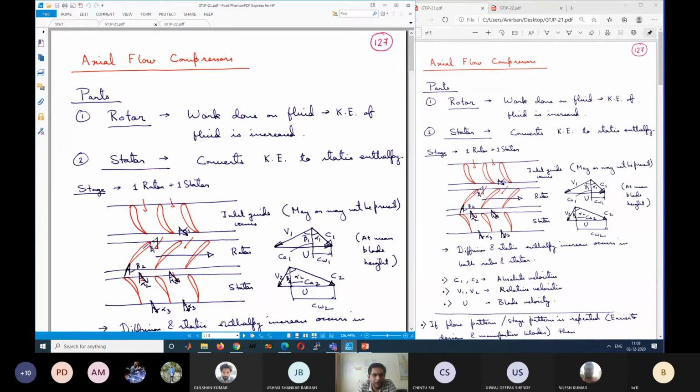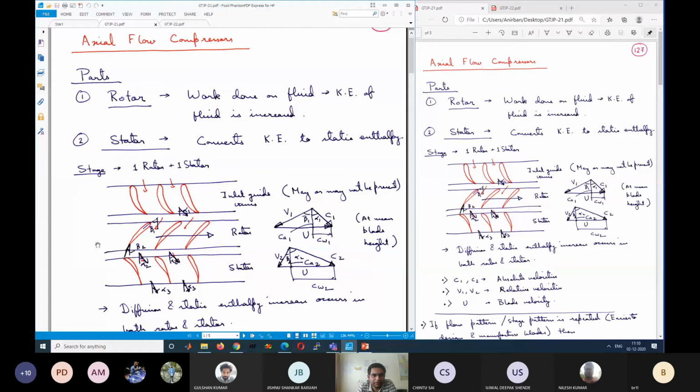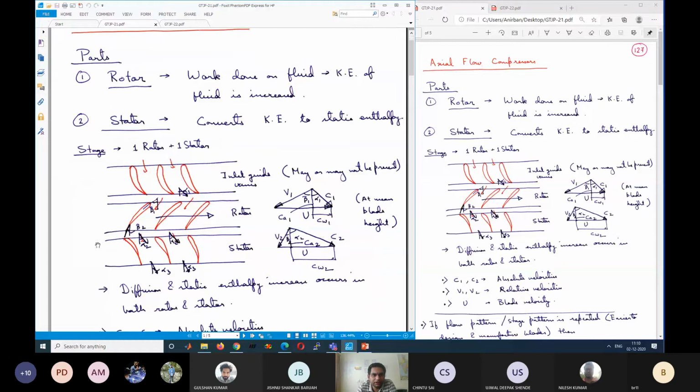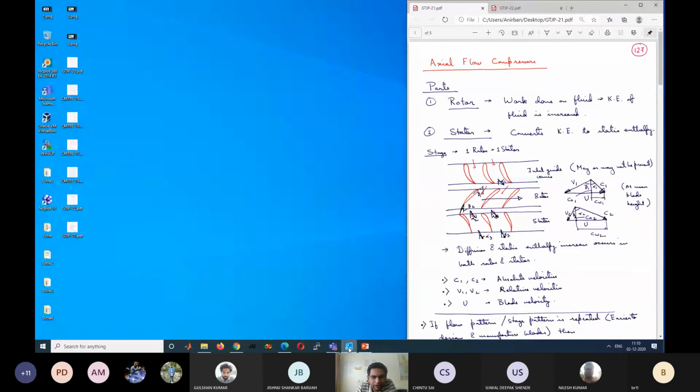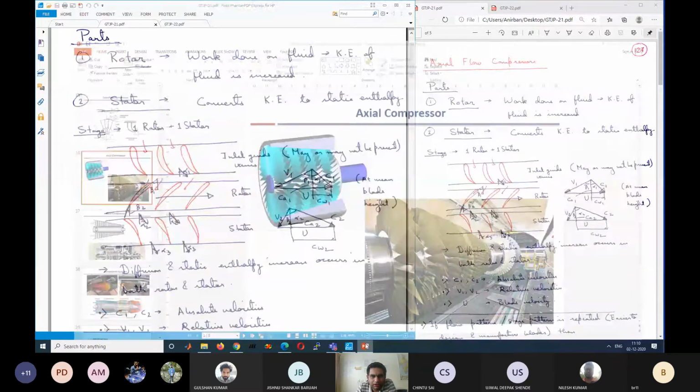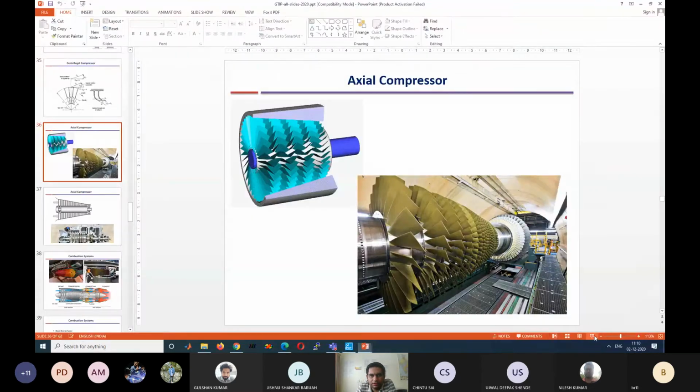And although the pressure ratio per stage is less, we can increase the number of stages to generate a large pressure ratio. And then we had seen how the axial flow compressor looks like.